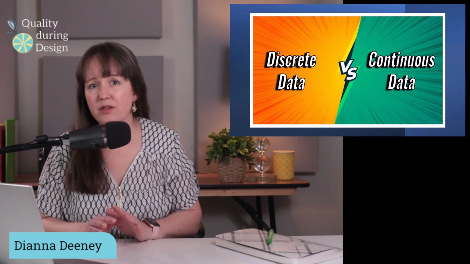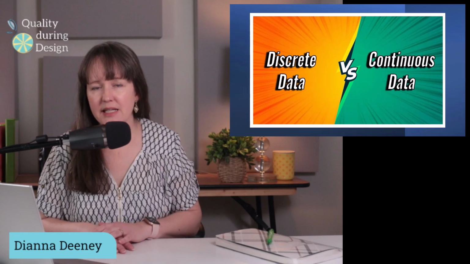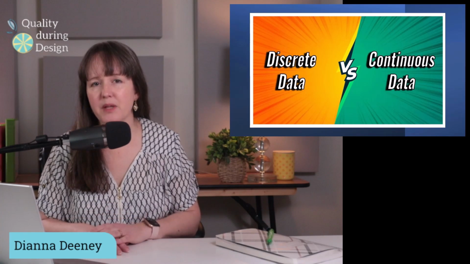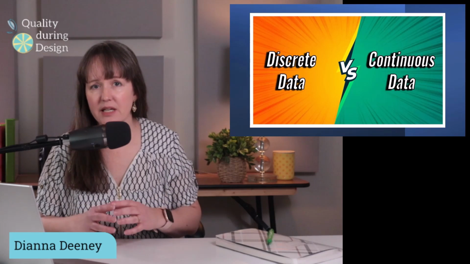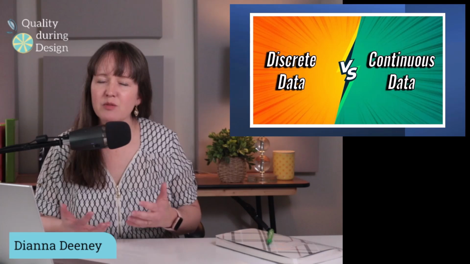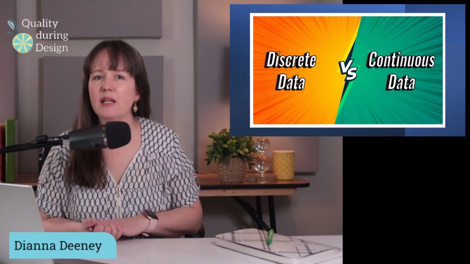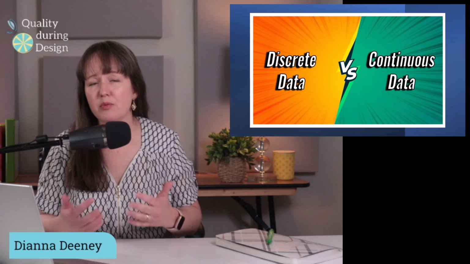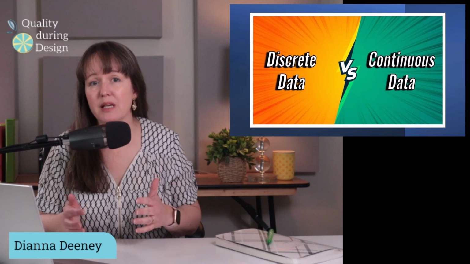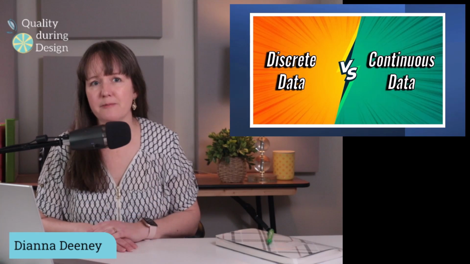We also have data from benchtop testing and from our test lab. We could also be looking at data that our suppliers are giving us. If we're evaluating a component for our design and they give us data, we need to be able to interpret and look at it properly so that we understand if it's going to be appropriate for our device.